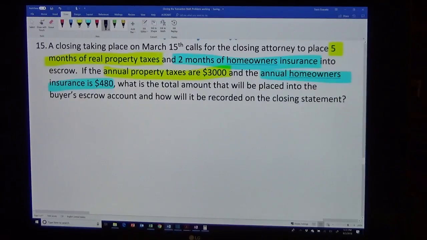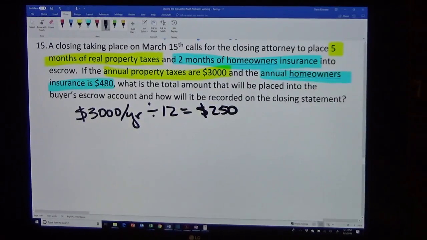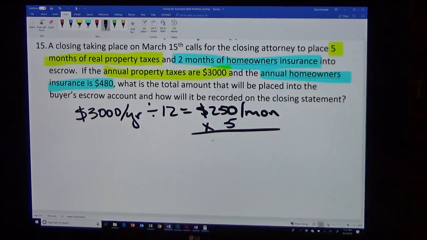So let's work on the property taxes first. Property taxes are $3,000 per year. If we divide that by 12, we can get it down to monthly. And that's $250 a month. Times 5 months. So that's $1,250 in tax escrows.